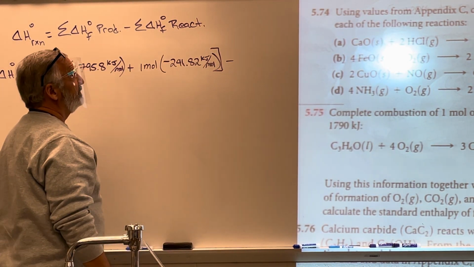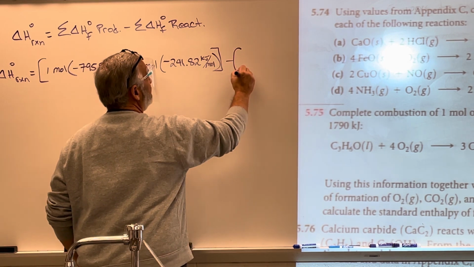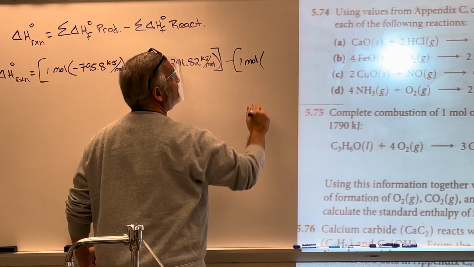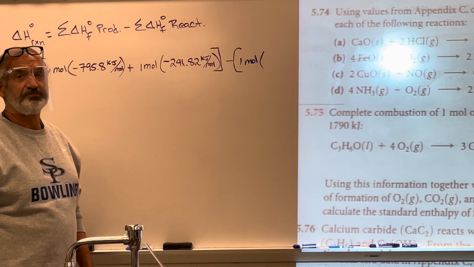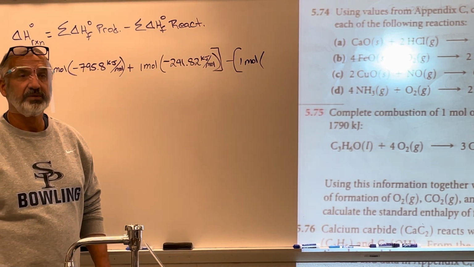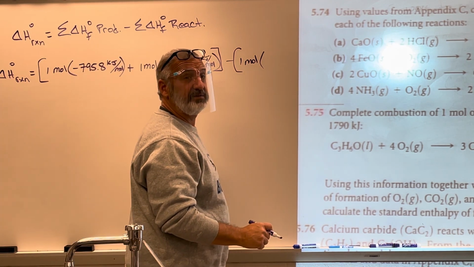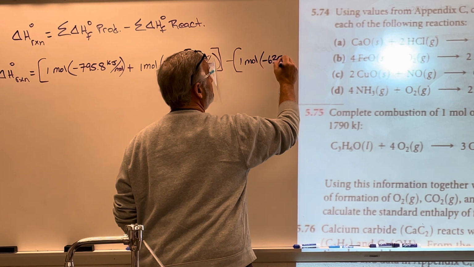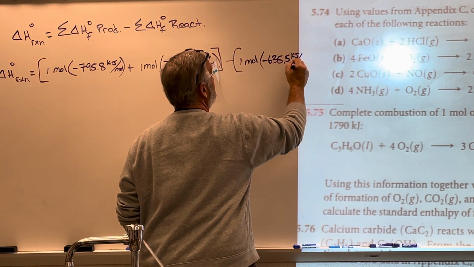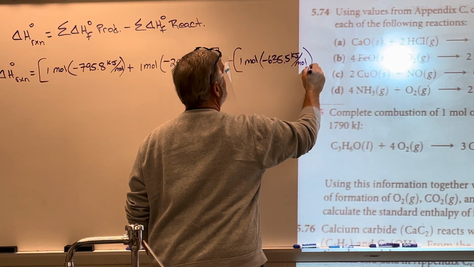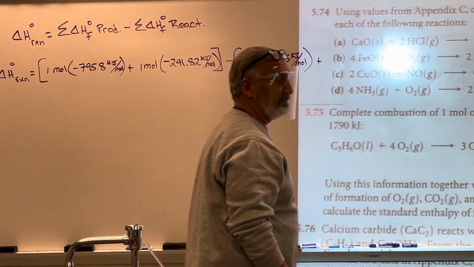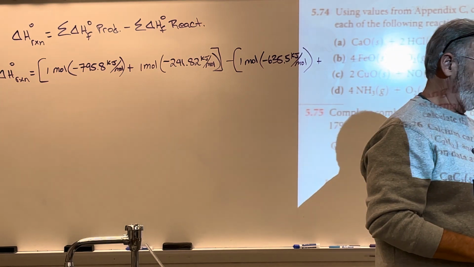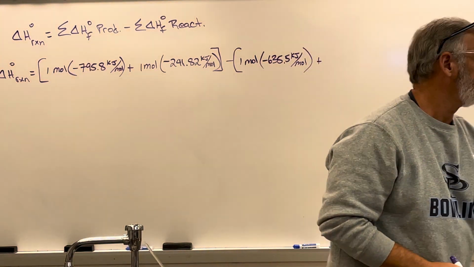Minus the products, which is going to be 1 mole times, what's the heat of formation of CaO? Negative 635. Plus, the last one is HCl, but we have 2 of them.